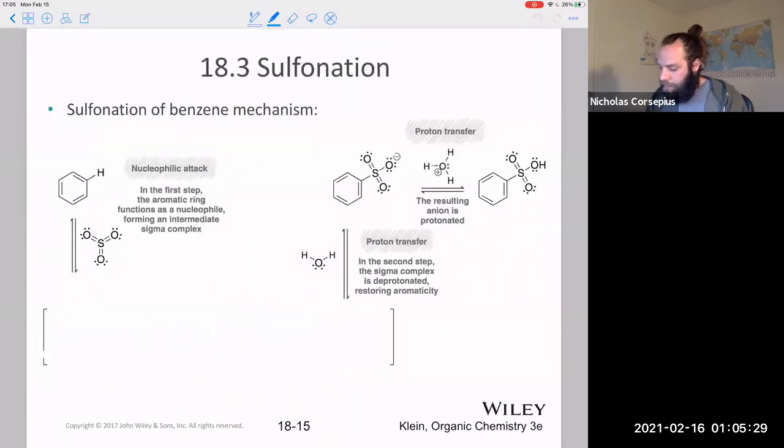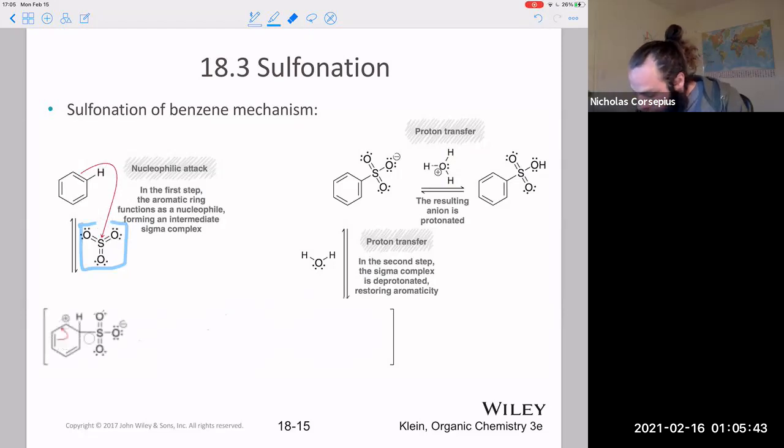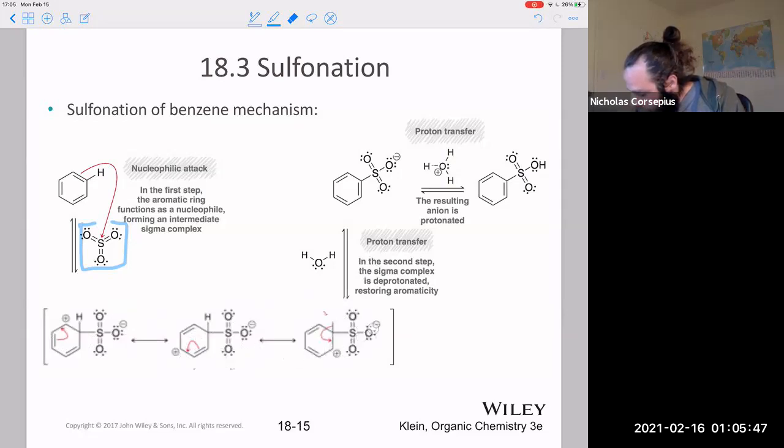So again, going back to our generic reaction mechanism here, you have the electrophilic species. You're going to have the nucleophile, which is the ring, attacking that electrophile. That again forms your sigma complex.